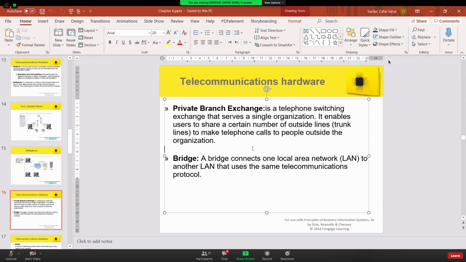So in networks, it will connect two LANs, two networks. A bridge connects one local area network to another local area network that uses the same telecommunication protocol. For example, lab 1 and lab 2. If we want to connect them, we need a bridge to connect them.